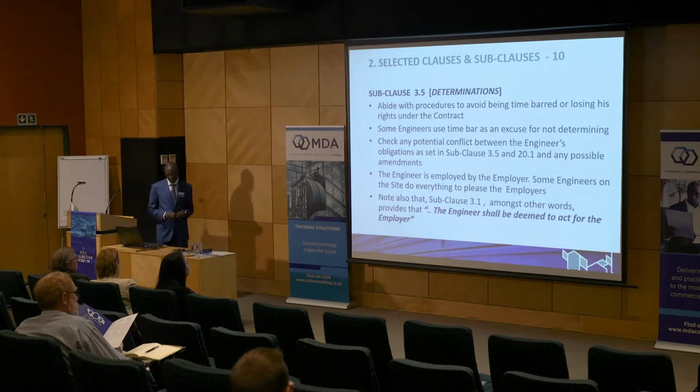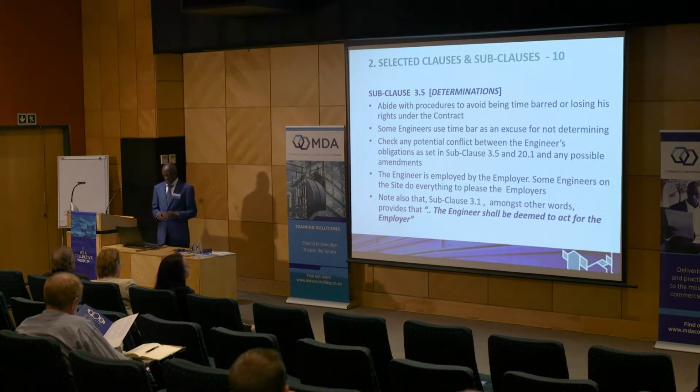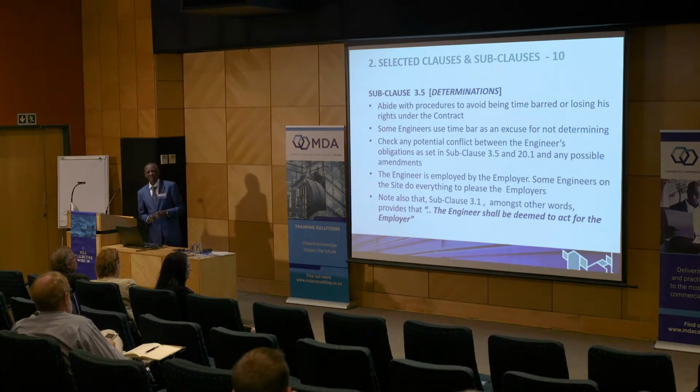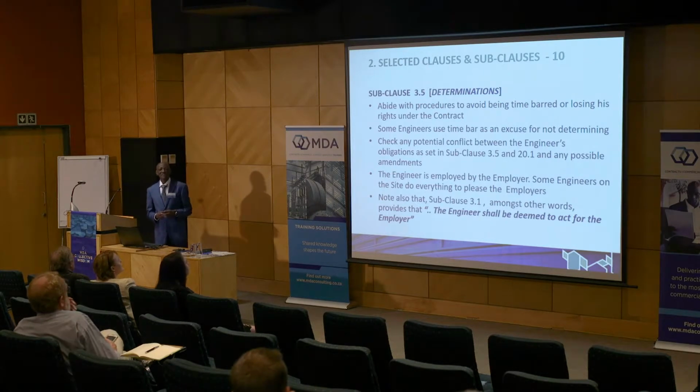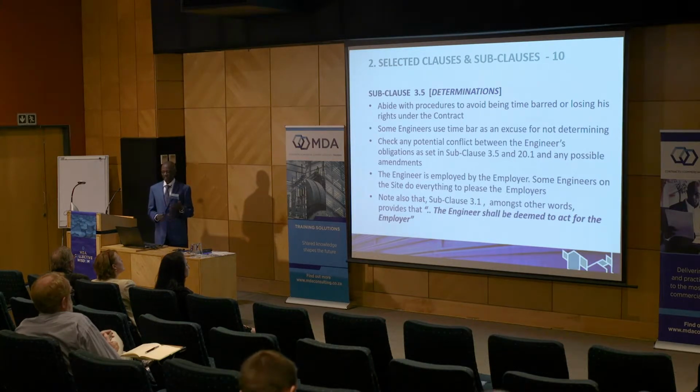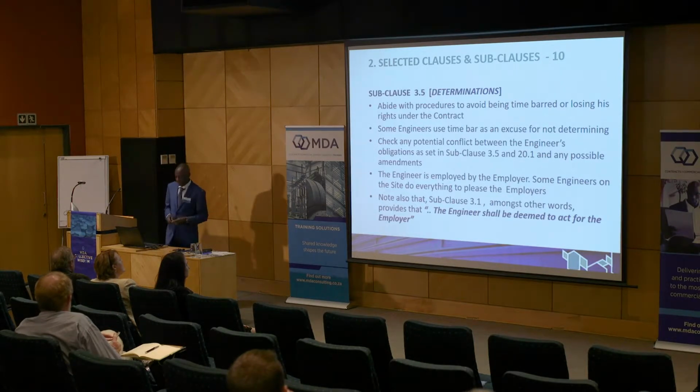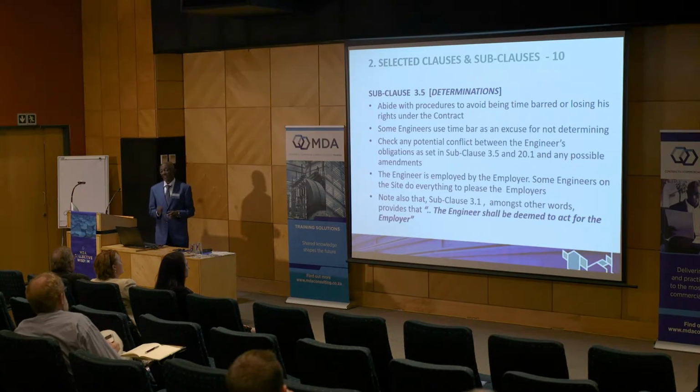Another subclause which I've segregated is determination. I know there will be some changes, maybe in the new edition. Subclause 3.5, among other duties of the engineer, allows him to determine. He can determine the contractor's claim under 20.1 or the employer's claim under 2.5.